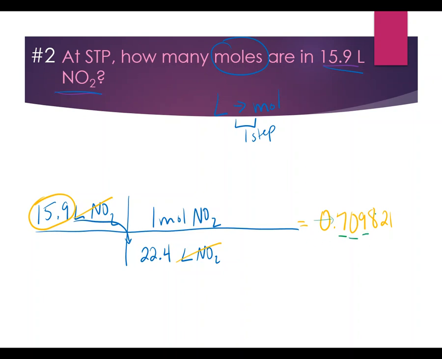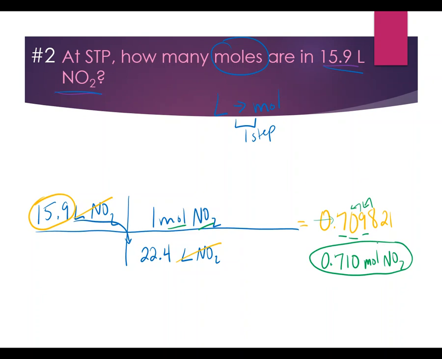2, 3. Do I round up the 9 or do I leave it a 9? Up. So this rounds it up, but that also rounds this one up. So it's a double round. So this ends up being 0.710. Don't forget moles of NO2 to complete your answer.